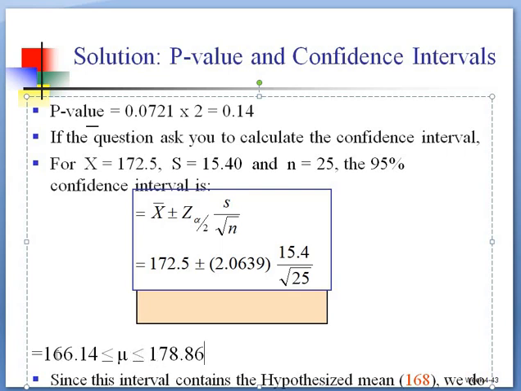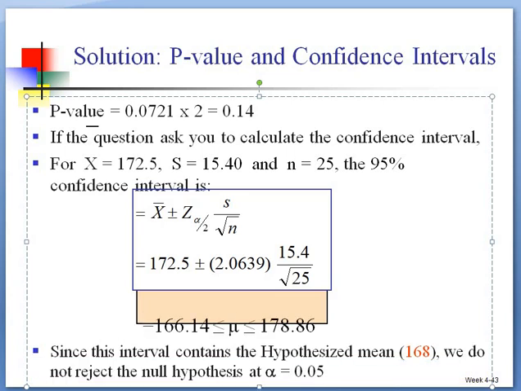This is an interval. Since this interval contains the hypothesized mean 168, we do not reject the null hypothesis at alpha equal to 0.05.